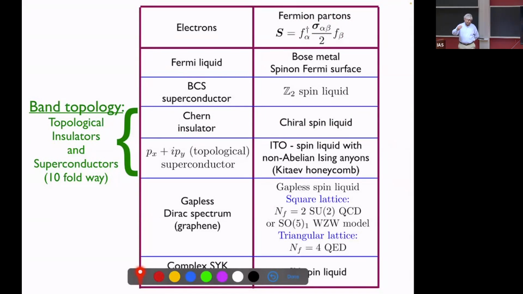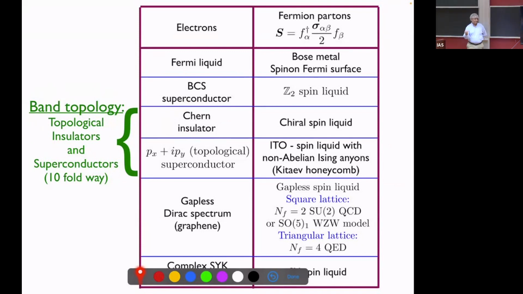Okay, so now you can continue this. Surprisingly, the full classification of band topology didn't happen until about 10, 15 years ago. The thing about the Chern number is that it's non-zero only in a system that breaks time reversal symmetry.